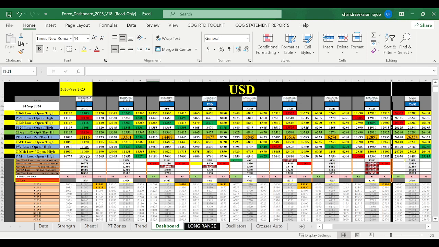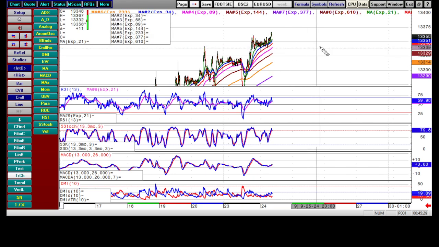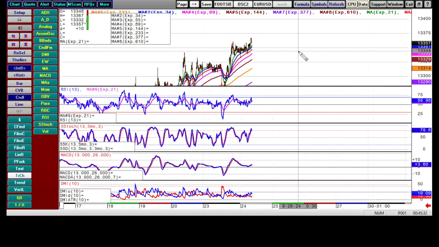If these two levels break, then we can see weakness. Otherwise, this is going to be in a range between 143.40 as of today and 144.45.